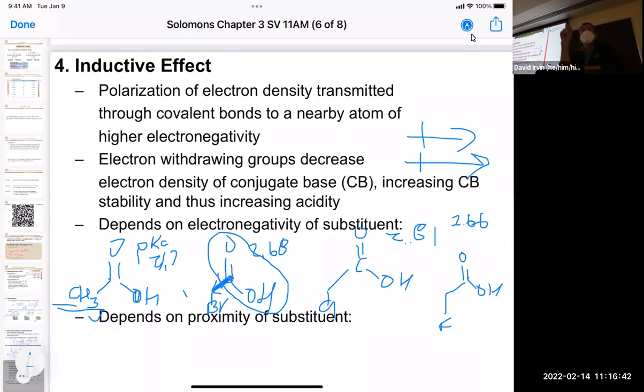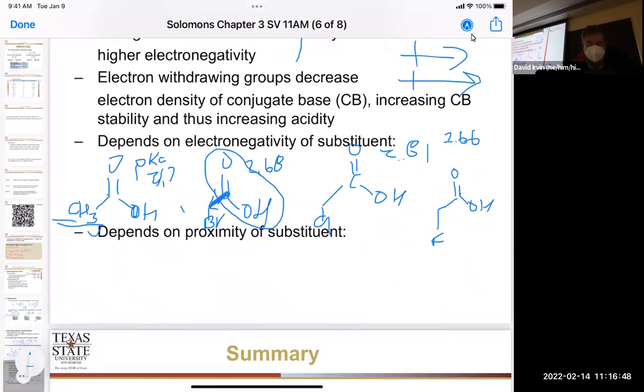Probably not, because it can't draw as much. So let's pull that up there. And let's say we have a slightly longer carboxylic acid here, something like that. And it's going to have a pKa of approximately the same as acetic acid, about 4.7.